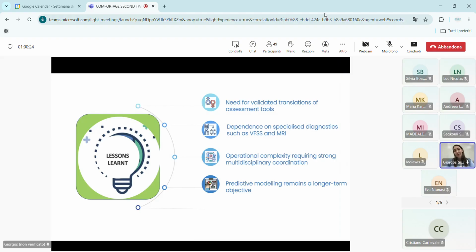We need these facilities in order to have this included in this research. And of course, you've seen, I've mentioned so many healthcare professionals, and also researchers from different disciplines. So that's complex, and it requires multidisciplinary coordination. And this hopefully will lead to the predictive modeling.